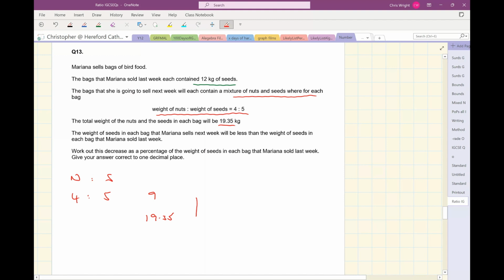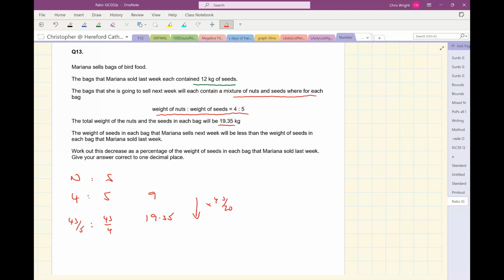Okay, so we're multiplying by 43 over 20. So if I multiply that by 4, then that tells me that I've got 43 fifths of nuts. And if I do 43 over 20 times 5, then I get 43 over 4 for the weight of my seeds. Okay.